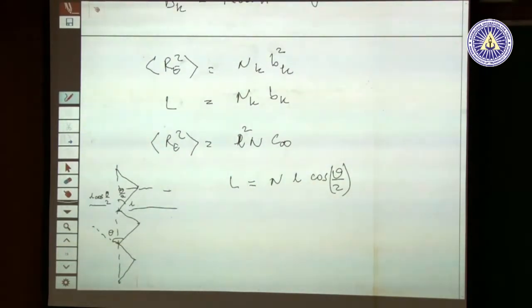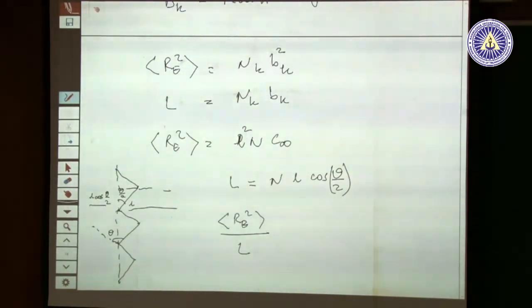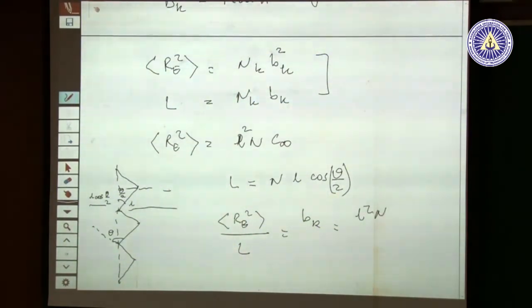Okay. So if I want that to be the same as my Kuhn model, notice that if I found the ratio Re squared over the contour length, that would be bk. And what is Re squared over the contour length for a freely rotating chain? That is L squared n C infinity divided by n L cos theta over 2.